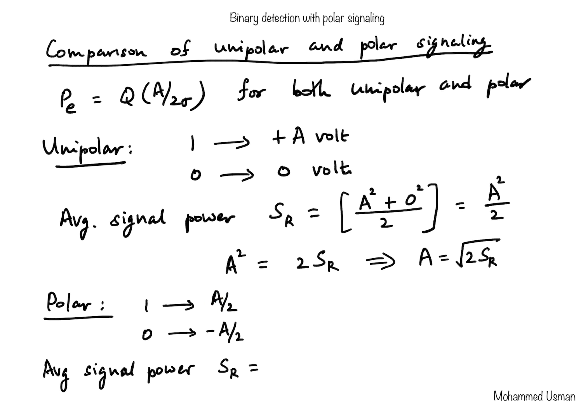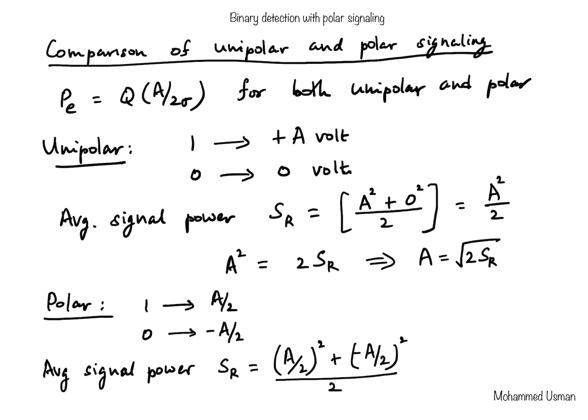So that's the power when a 1 is transmitted, and the power when a 0 is transmitted is minus A by 2 squared, and we want to take the average of them, so it's the sum of these two divided by 2.